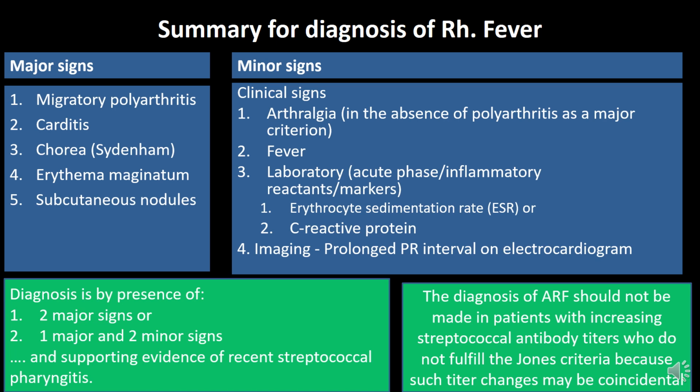But if they do not have the multisystemic manifestations that we've seen, it doesn't make them have rheumatic fever. You cannot say they have rheumatic fever because of that, okay? So rising antibody titers must occur together with the other signs that we have talked about in order for you to make a diagnosis of acute rheumatic fever.